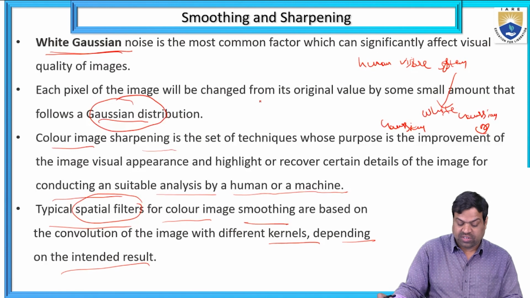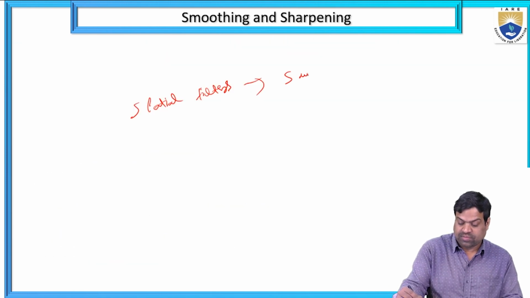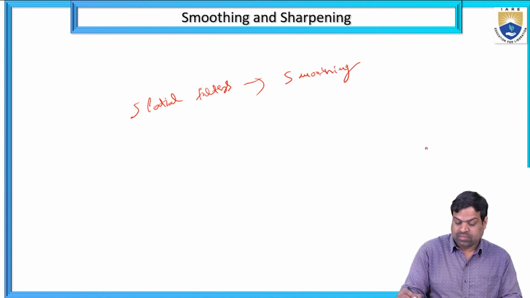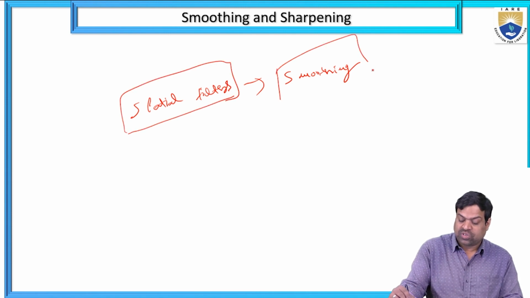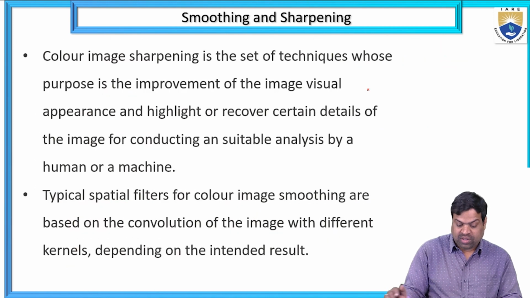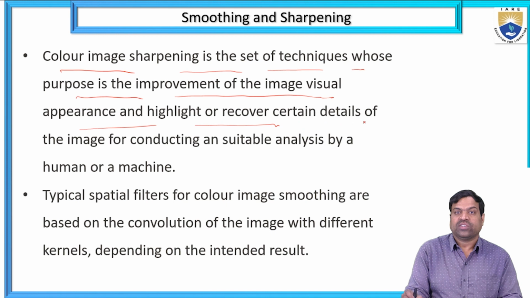When I'm using spatial smoothing, spatial filters are used for smoothing. And what about the sharpening? Color image sharpening is a set of techniques whose purpose is the improvement of the image's visual appearance and highlighting or recovering certain details of the image, for suitable analysis by a human or a machine.